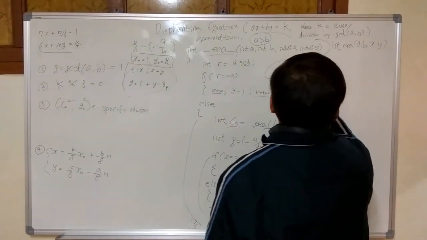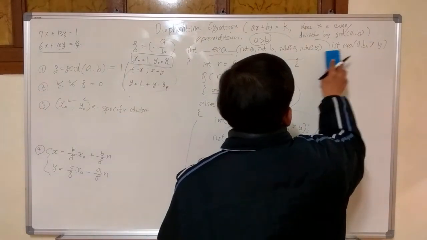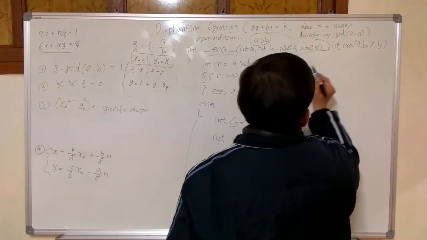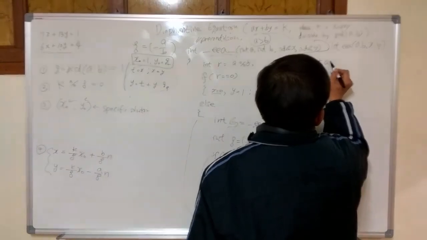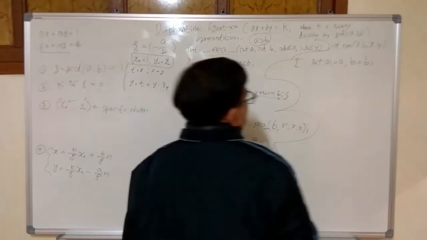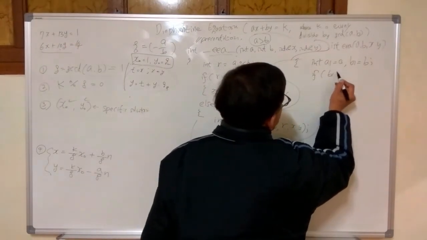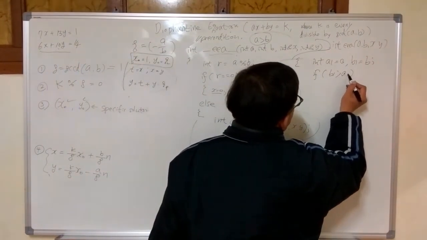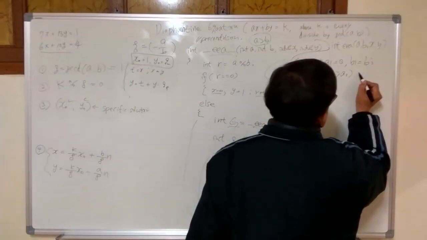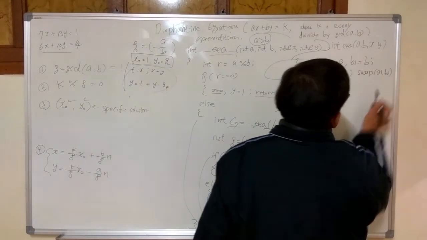Now in the function: int A1 equals A, B1 equals B. If B1 is greater than A1, we have to swap A1, B1.